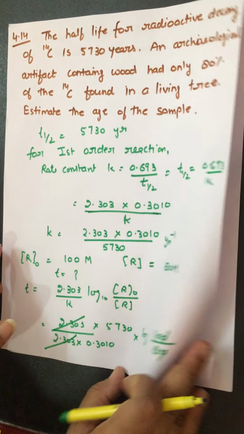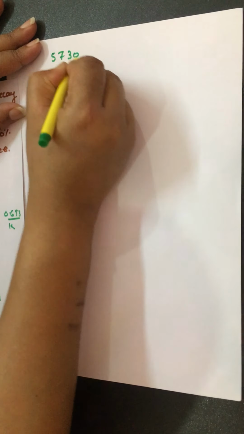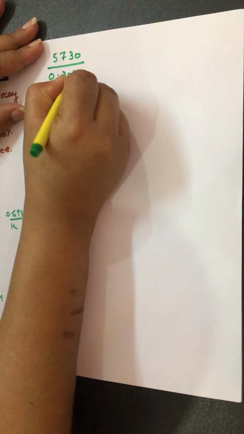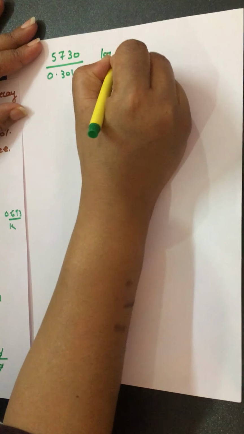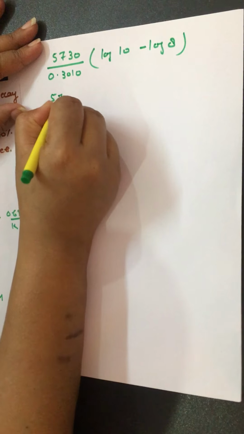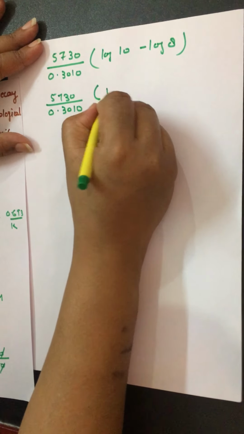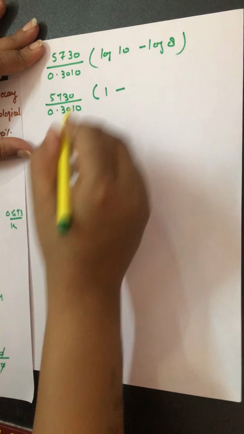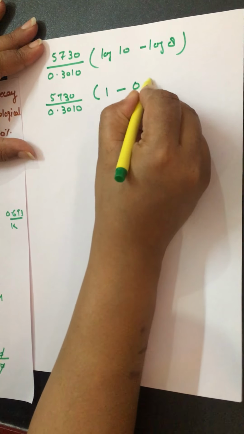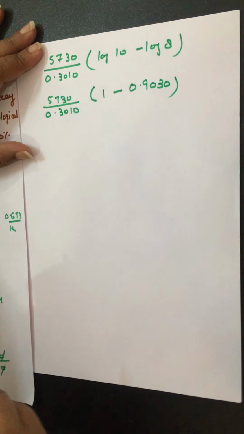Now what remains? 5730 over 0.3010 log 10 minus log 8. Again 5730 over 0.3010, log 10 value 1 and log 8 value is 0.903, I think 1 or 30. I apply 30.